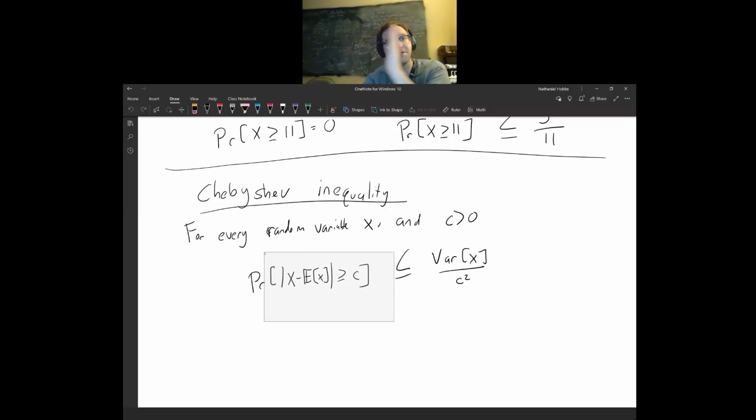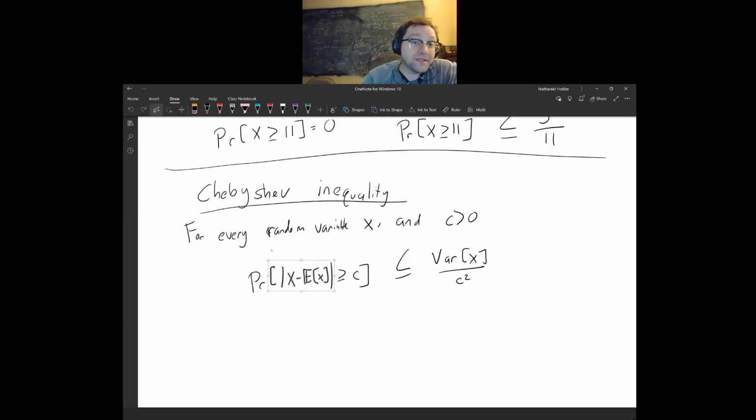If C is 3, what's the probability that you're 3 away? So this is the question that Chebyshev is asking. What's the probability that you lie so much to the left or to the right of the expected value? To the left or to the right doesn't matter, because there's an absolute value. It just means a distance from the expected value.